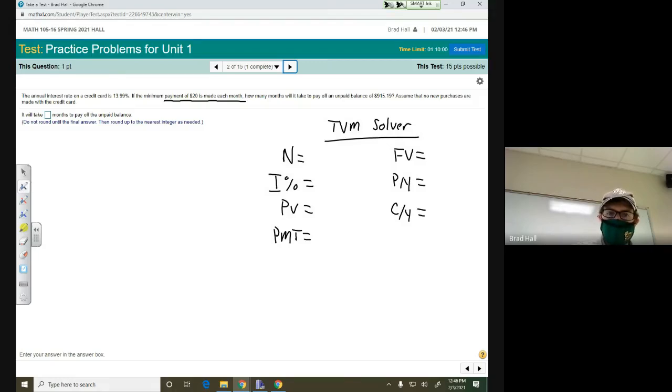Besides the obvious one of 13.99%, does anyone happen to see any other ones? Is PMT -20? Yeah, PMT is -20. That's the whole reason why we use the TVM solver in the first place. It's because of this addition of a new variable, which is PMT.